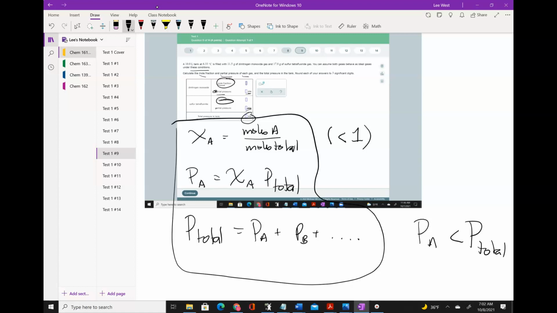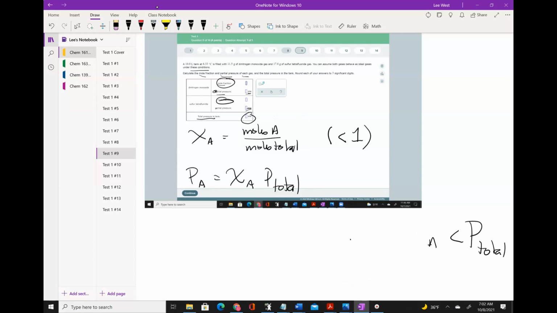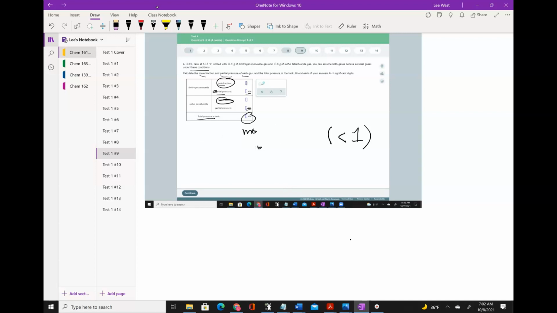There are a couple of ways you can do this, and probably the first thing is that you're not going to get out of calculating the moles of each one. Remember, in a mixture of gases, each gas behaves as though it was the only gas present.